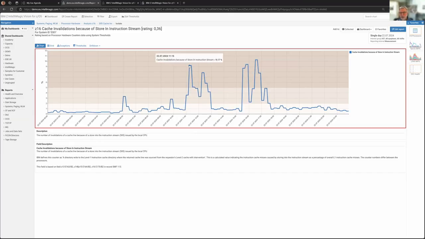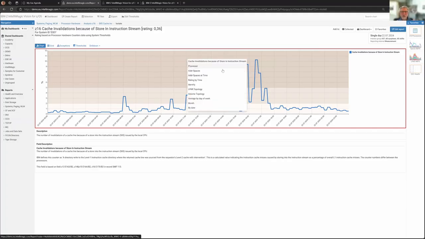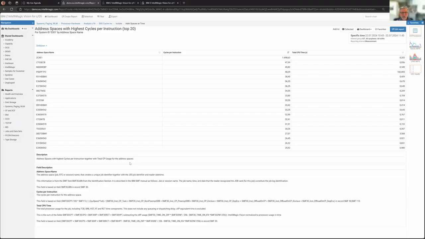But SMF30 actually gives us a little bit of assistance. Using our software and doing what we call a drill down, I'd like to drill down to the address spaces at or around that time. In tabular format, what I'm seeing is the address space names based on the SMF30 address space information, and cycles per instruction.